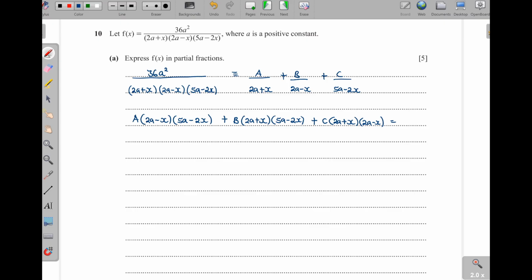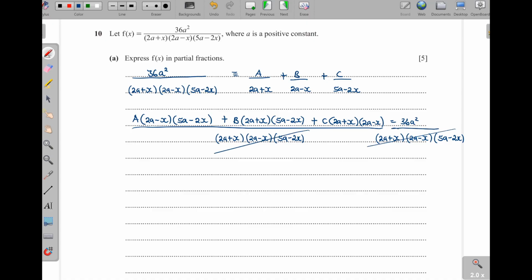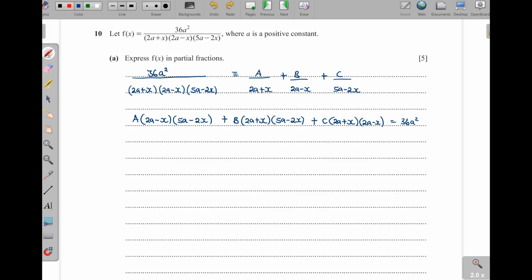Then this one will be equal to the numerator here, 36a squared, because this whole thing is going to be over this one as your common denominator. But this same thing is the one that is here. You see that? So we cross this, and then we equate the numerators. So that is what we are having there.